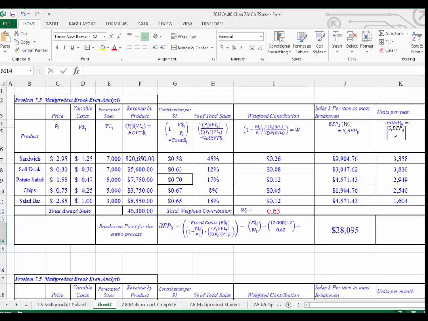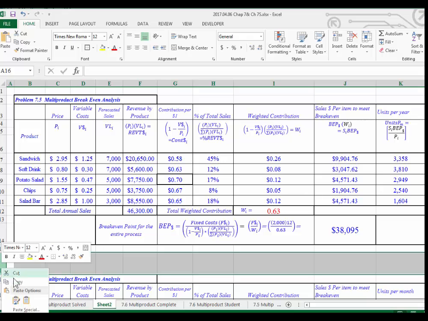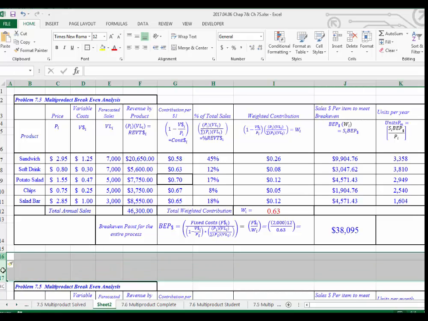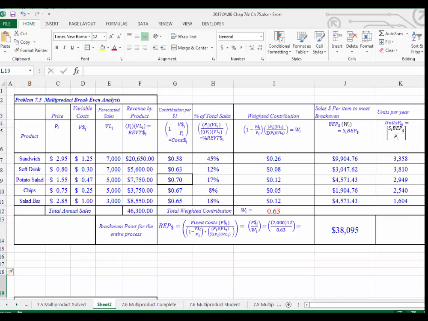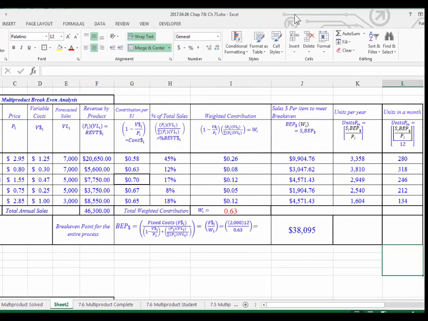Now, I think it's a good idea to pause for just a second and make sure we know what it is we've done here. It's not just about the numbers. So I think you guys know that, but I'm just gonna write a little here at the bottom. I'm gonna write here that this is the number of units that must be sold per month to break even.